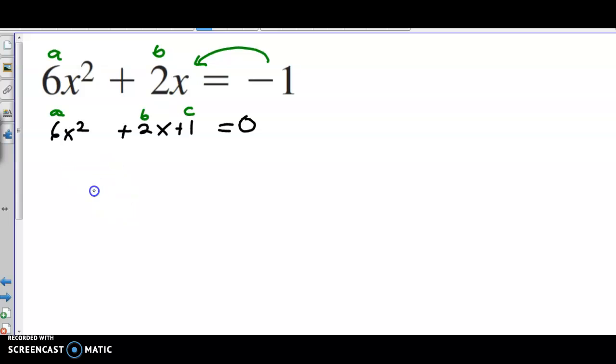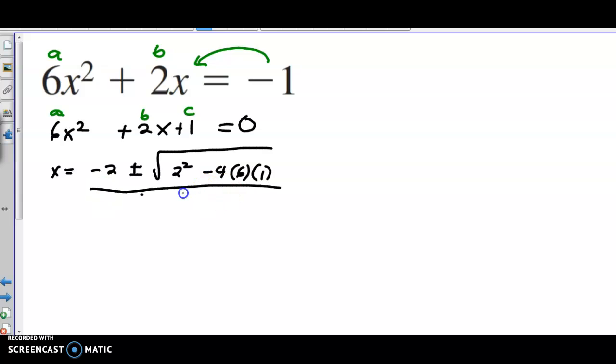So substituting into the formula, x is equal to opposite of b, so opposite of 2 is -2, plus or minus the square root of b squared, so that's 2 squared, minus 4 times a is 6, times c is 1, all over 2 times 6.